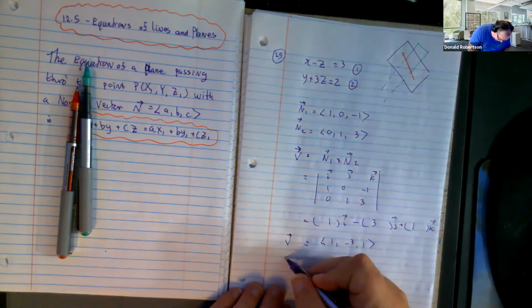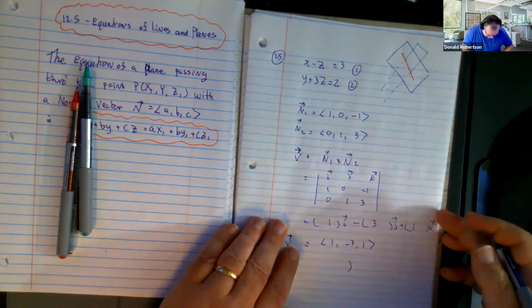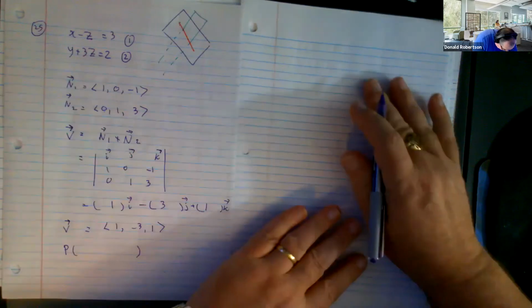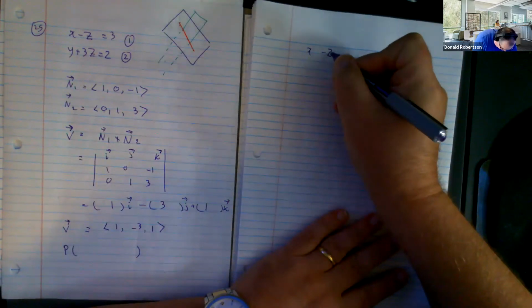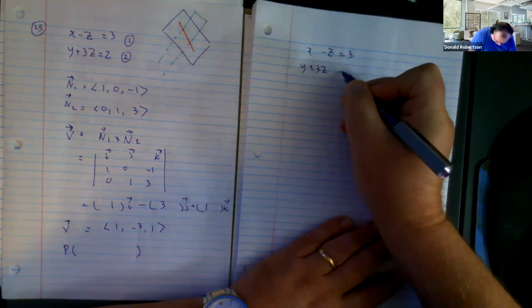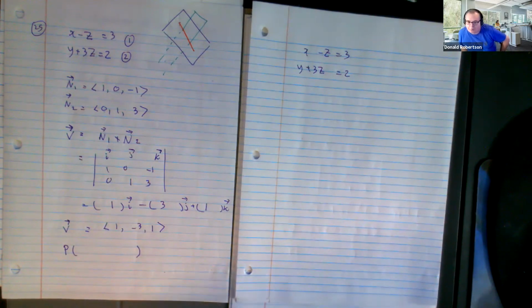Let's find a point on the line. If you are a point on the line, x take away z equals 3, and y plus 3z equals 2, right? If you are a point that is on both those planes at the same time, don't you just need to find an x, y, and z that is true for both equations?